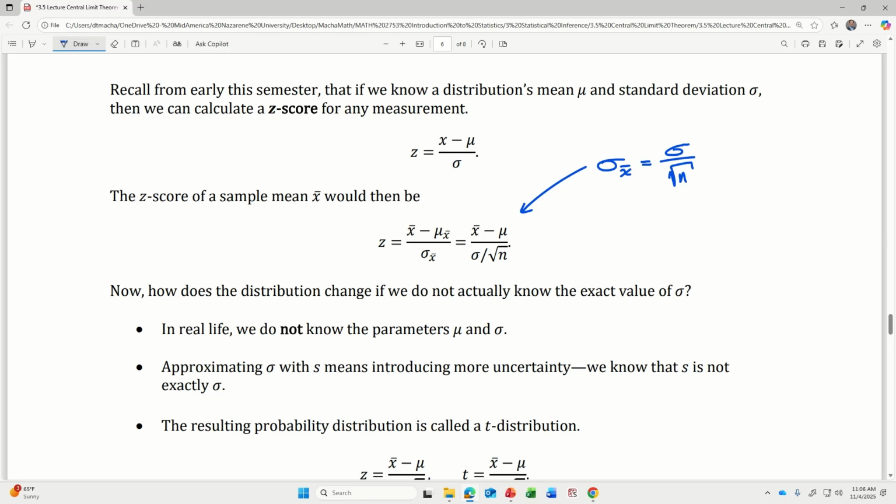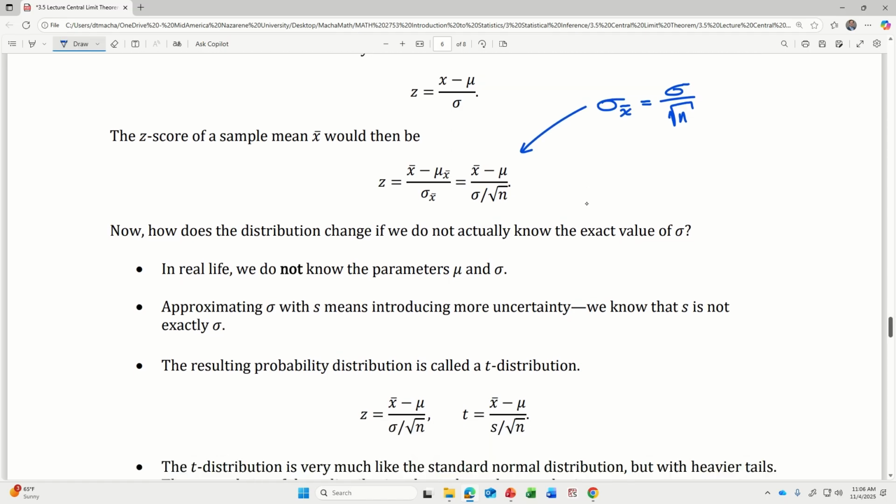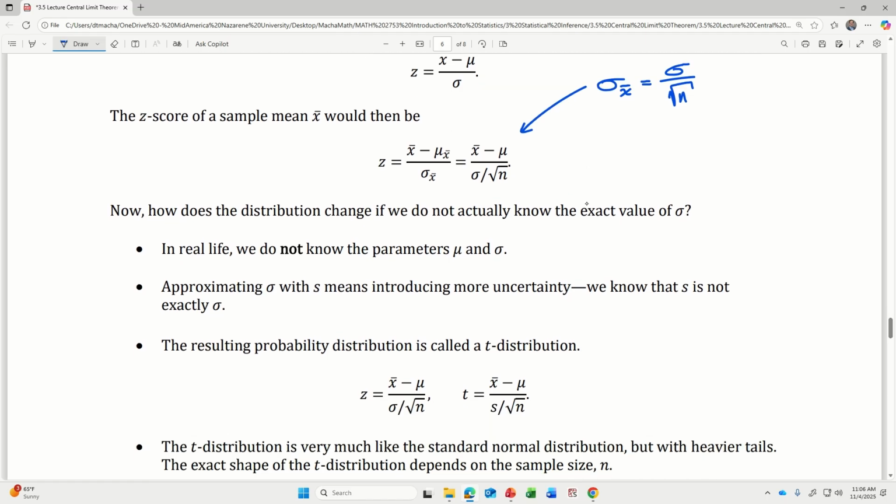In other words, we expect your sample mean to be more accurate if you have a larger sample size. And this would be standard normal distributed, right? We would plug the z-scores into a standard normal distribution to get our percentiles.